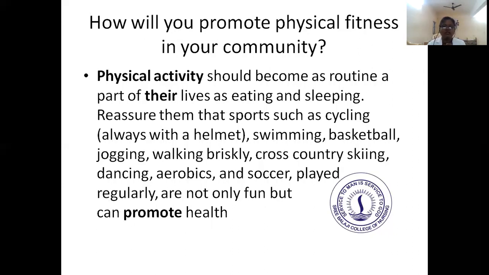First of all, we have to reassure the people in a society. What are the issues? What are the factors you have to overcome? Once they accept our education, they automatically start to follow the guidance. Then the community will improve its health.